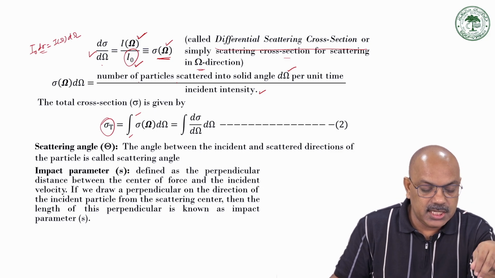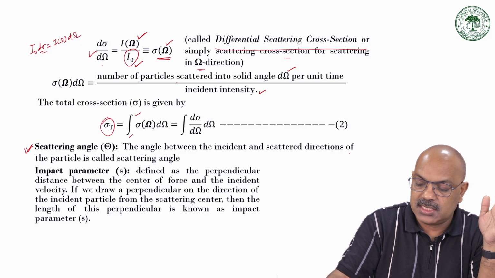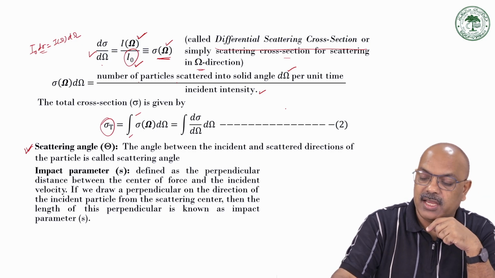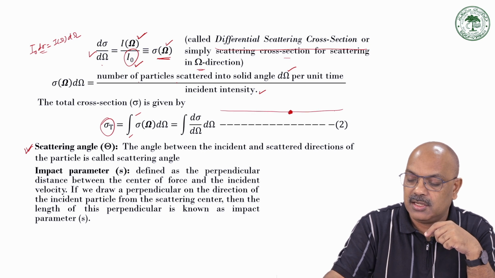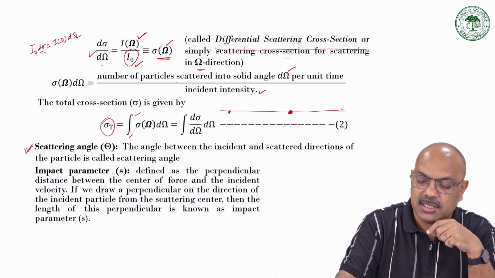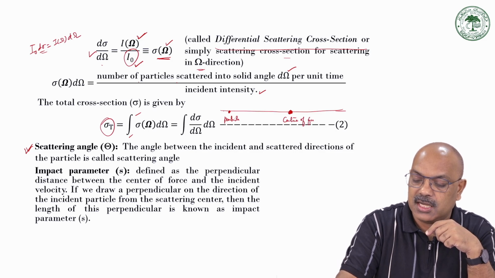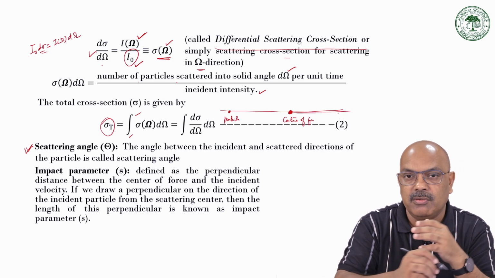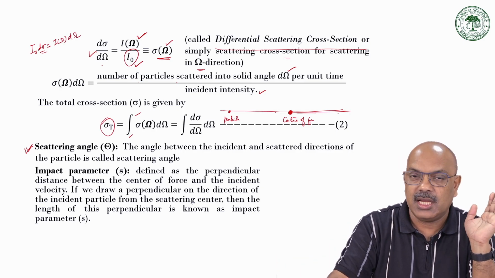Two more important things. One is the scattering angle, that is the angle between the incident and the scattered direction. If I have the center of force and the particle is coming, without any deflection the angle is pi.